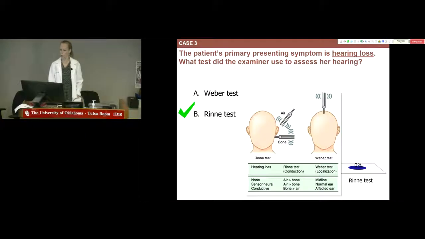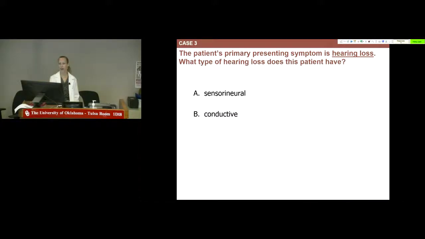So what did that test tell you? What type of hearing loss was in that ear? It was sensorineural. If it had been conductive, it would have been better when they held the tuning fork on her bone, but it was still better through the air than through bone, which is a sensorineural hearing loss profile.